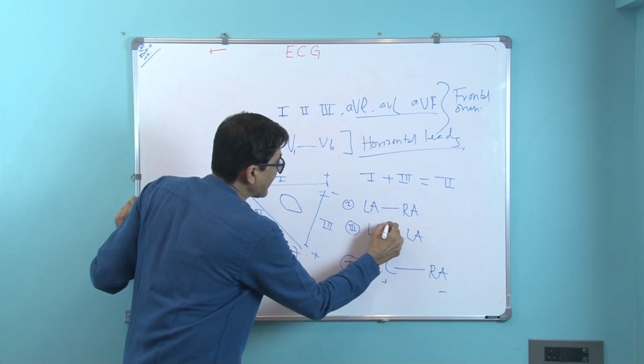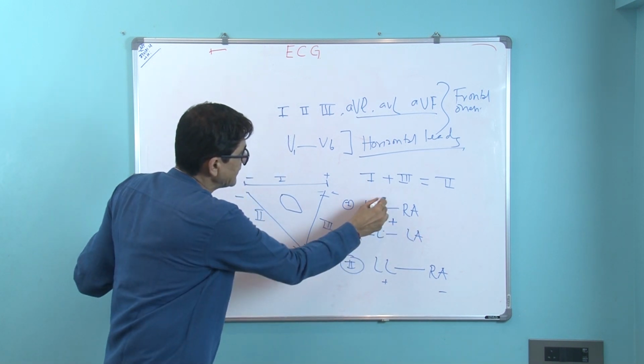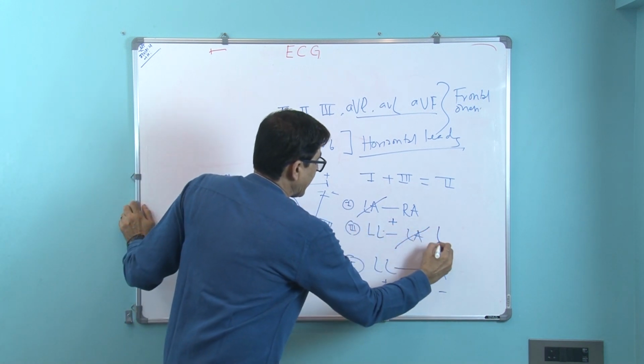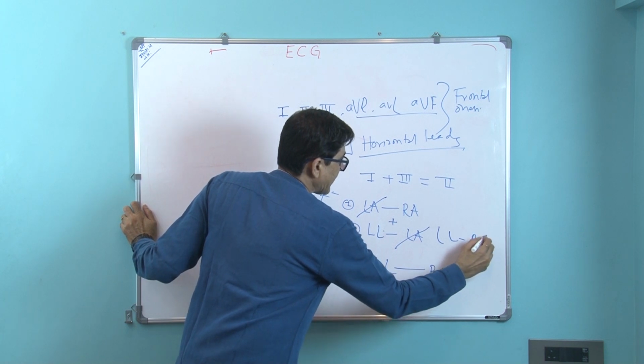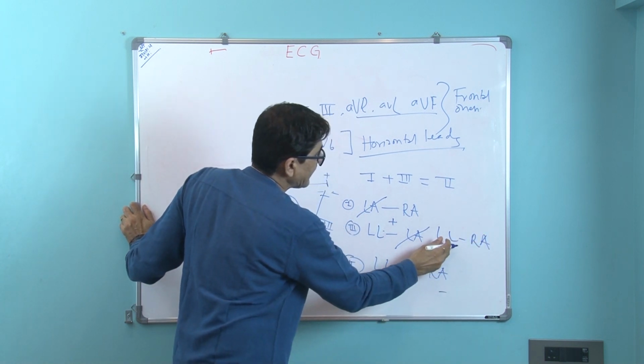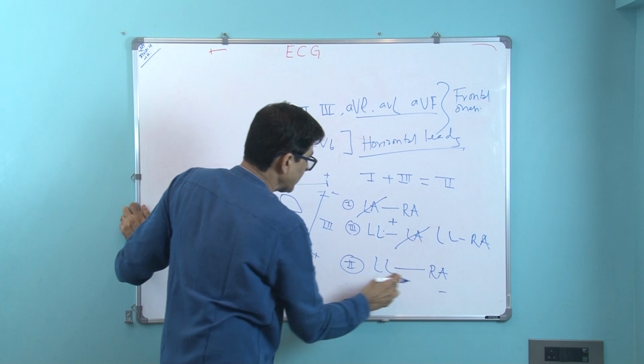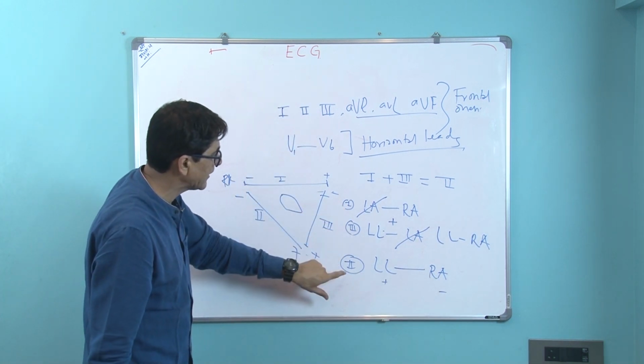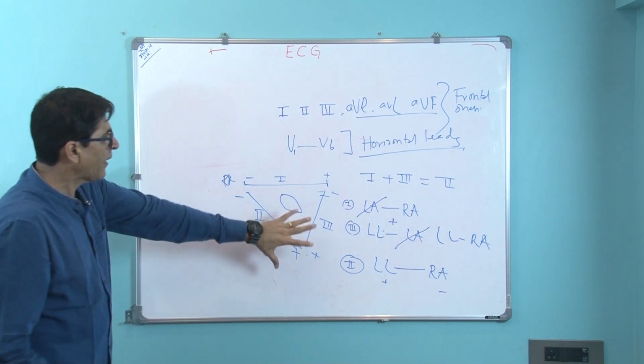Now if I add these, the left arm gets cancelled, and what remains is LL minus RA, meaning left leg and right arm. So 1 plus 3 equal to 2. Why am I telling you this?